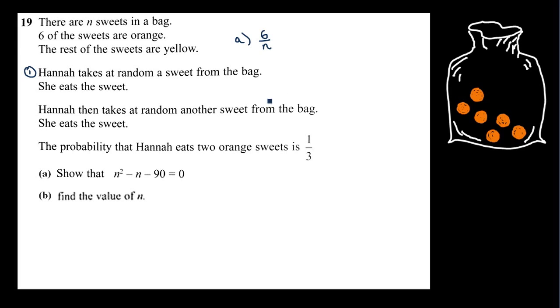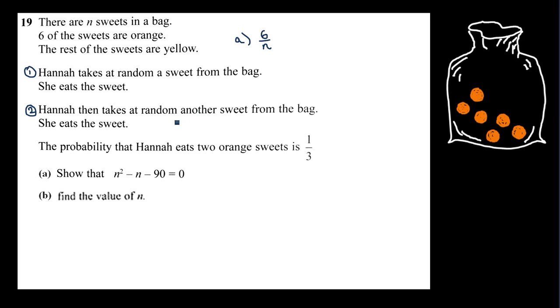Now, the likelihood that she's going to pick another orange sweet obviously becomes less, so we're going to multiply our two probabilities, event 2 multiplied by event 1, because we're multiplying fractions when we're dealing with probability, and multiplying fractions makes them smaller. Because it's less likely, multiplying those fractions sounds about right.